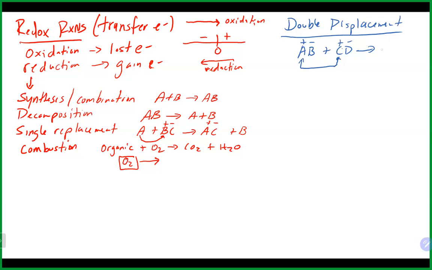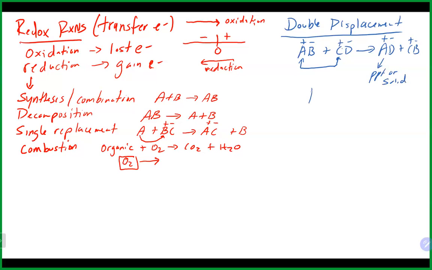So on this side, we'll have an A and a D coming together, and a C and a B coming together here. Now, double displacement reactions really take care of the other two reasons why a reaction takes place, which is the formation of a solid. So as these ions are swapping places, one of these products may make a precipitate or a solid.